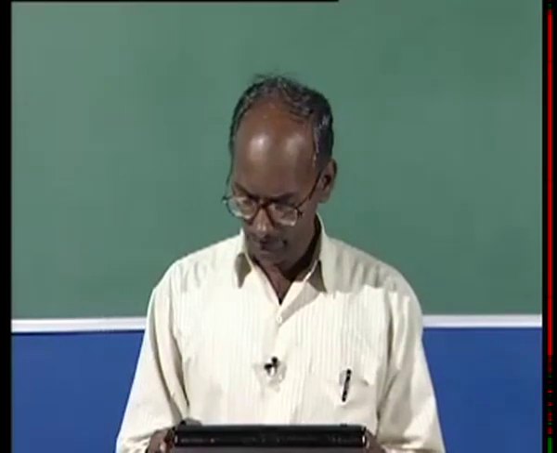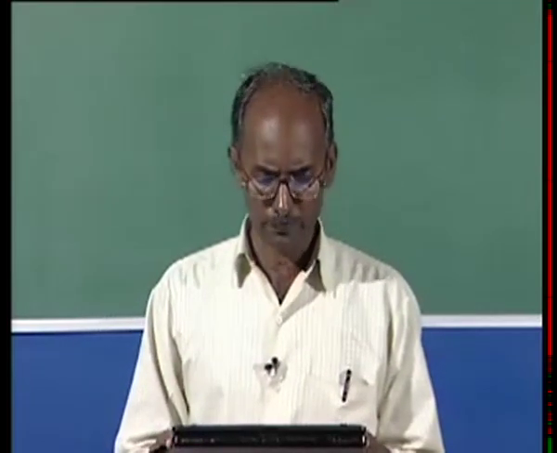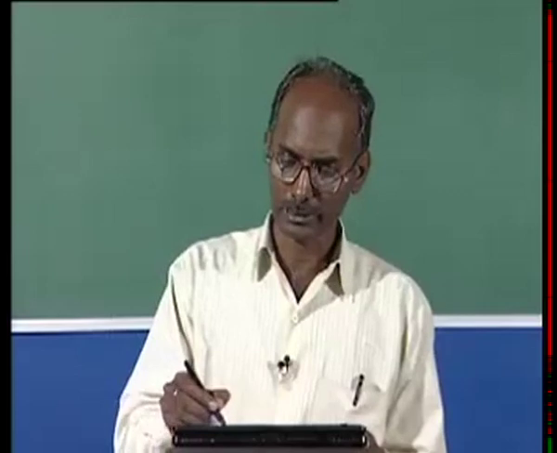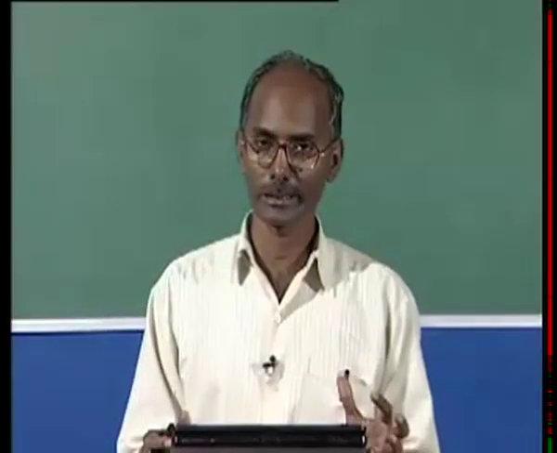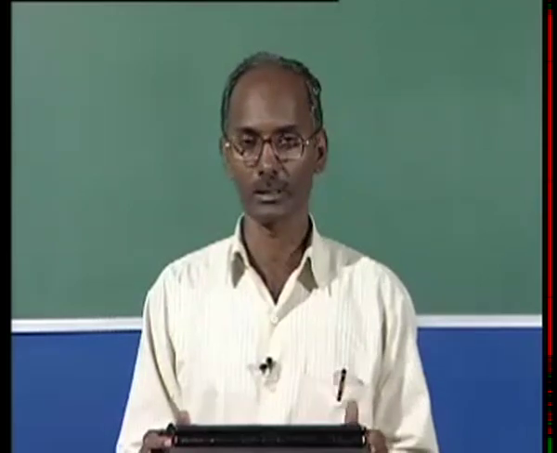So to begin with, the flexible AC transmission system, known as FACTS, is the name given to the application of power electronics devices to control the power flows and other quantities in a power system. There is always the question of which device is a FACTS device or not.